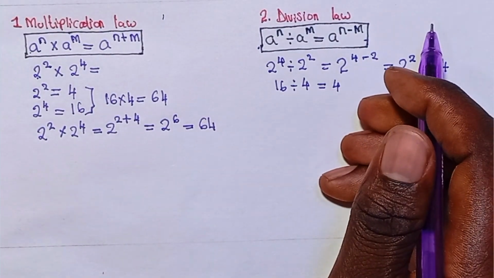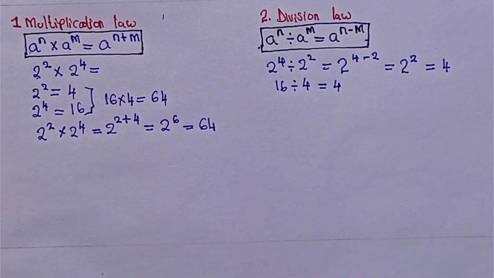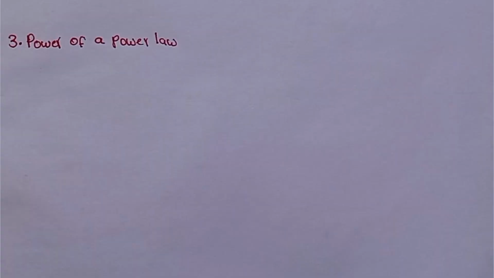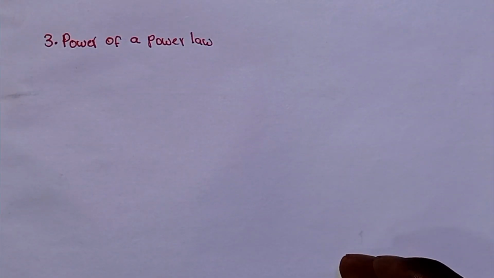Remember, I'm using these examples, but as I said earlier, indices help us calculate with high value numbers, for example trillions, millions, and so on. So let's go to number 3, that is power of a power law. In power of a power law, this is when a power is raised to another power.